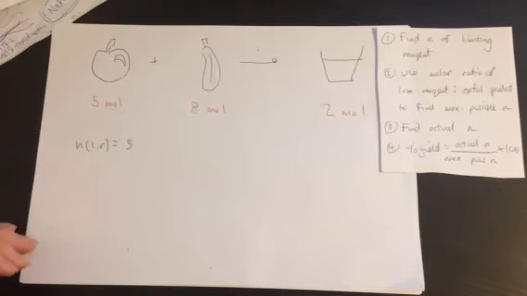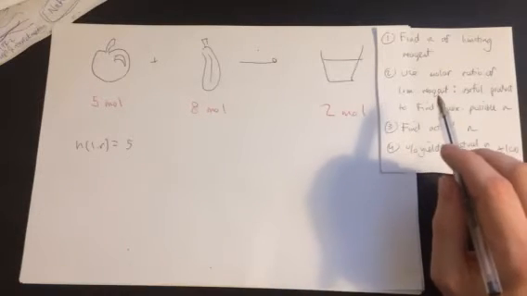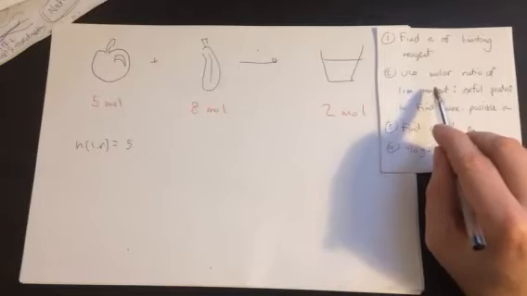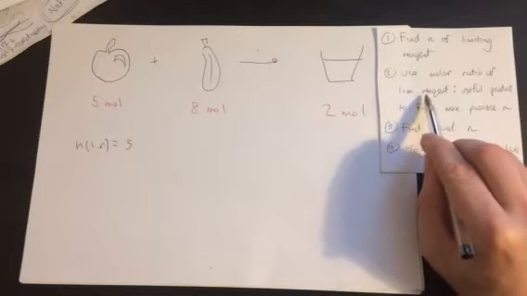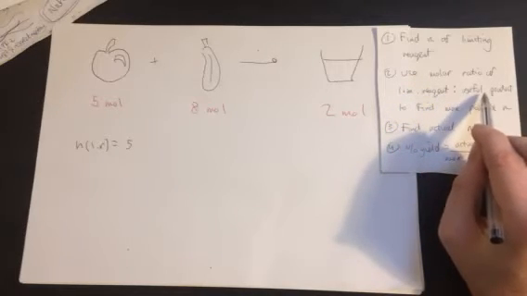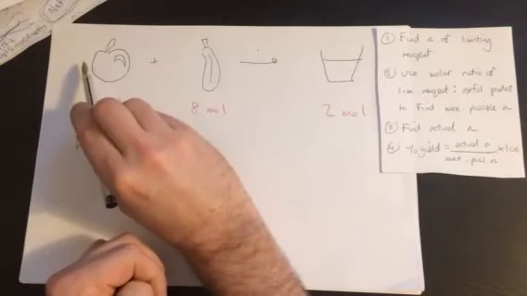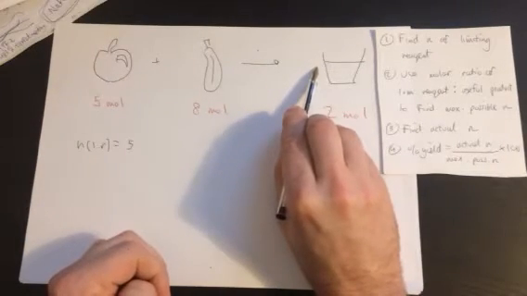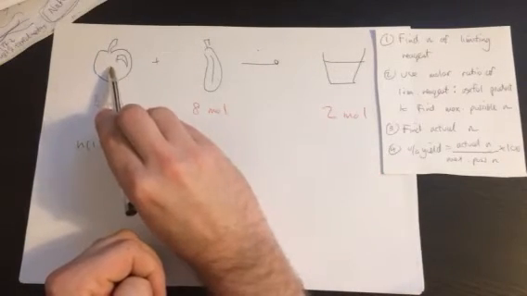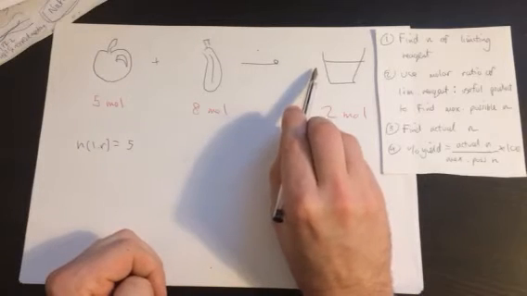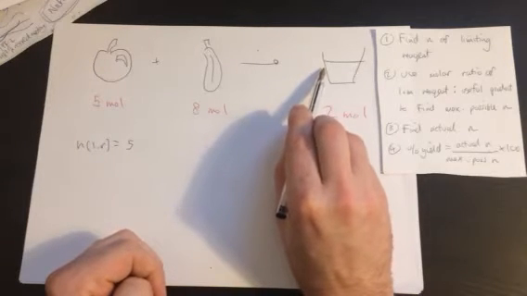Step 2, and this is the bit everyone forgets to do. We need to look at our molar ratio of limiting reagent to useful product. Now in my question, that is a 1-to-1 ratio. For every 1 apple we cut up, we should end up with 1 smoothie.